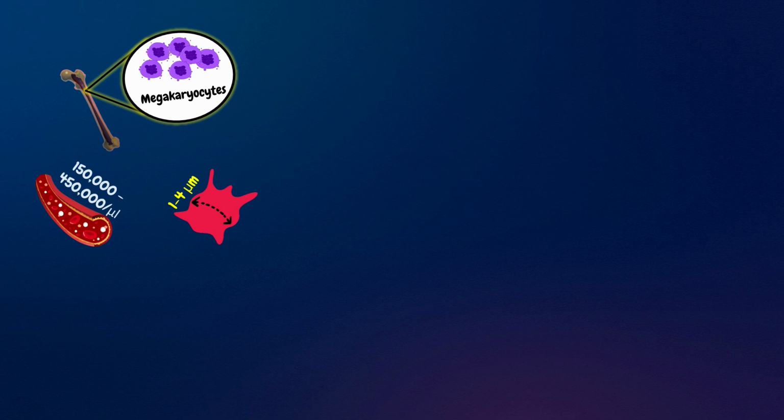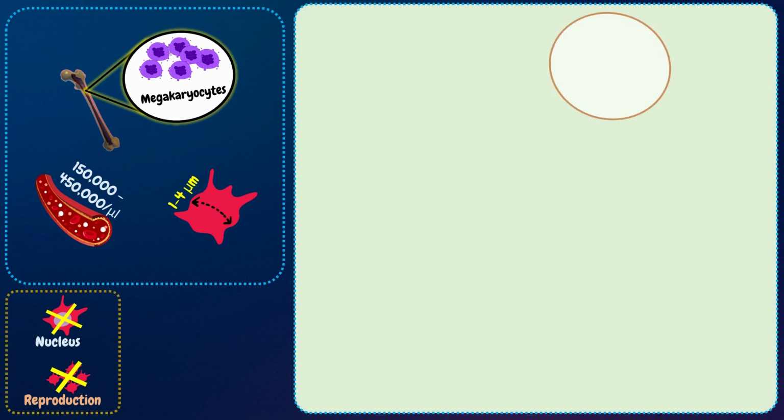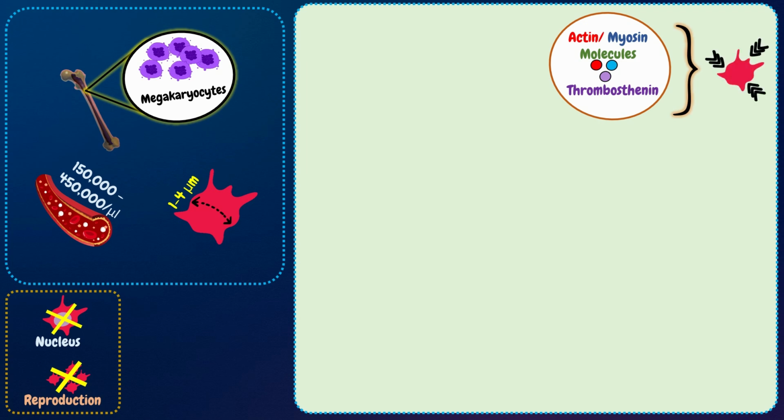per microliter. Platelets have many functional characteristics of whole cells, even though they do not have nuclei and cannot reproduce. In their cytoplasm are the actin and myosin molecules, which are contractile proteins, similar to those found in muscle cells, and still another contractile protein, thrombosthenin, that can cause the platelets to contract.